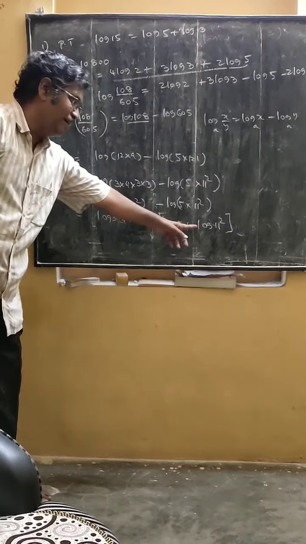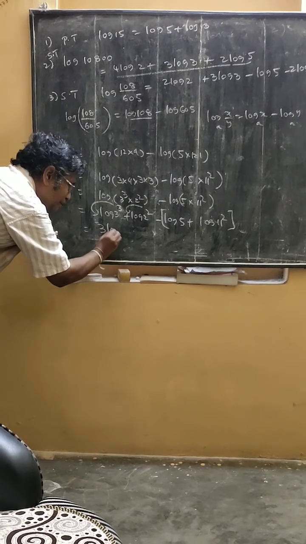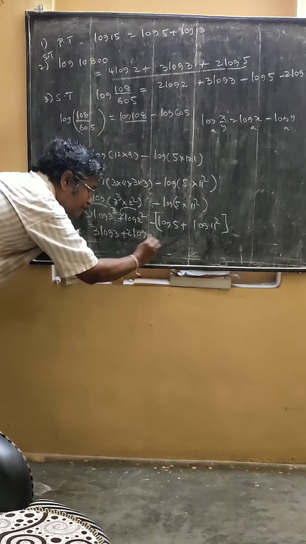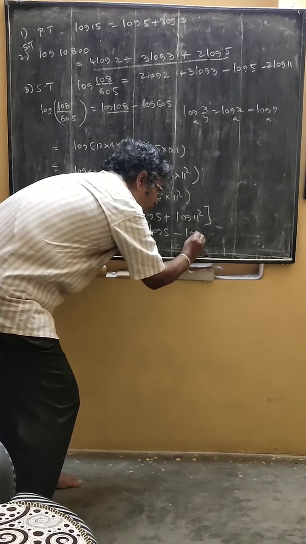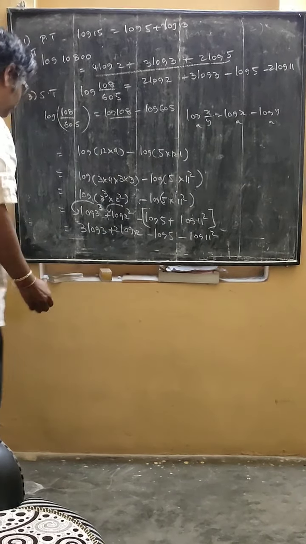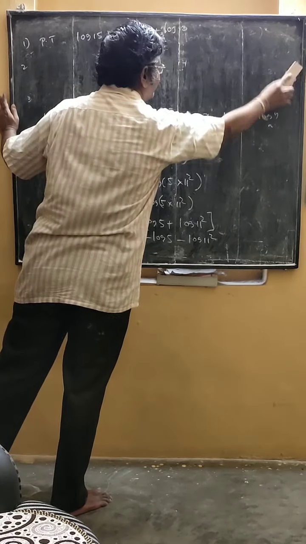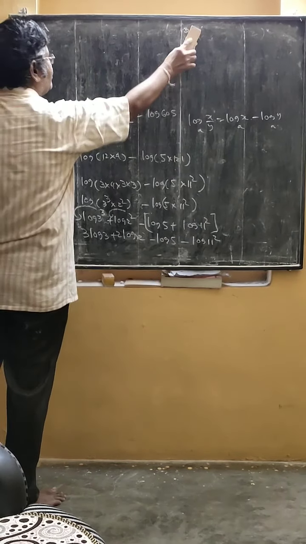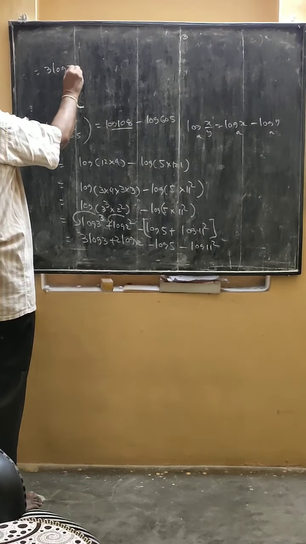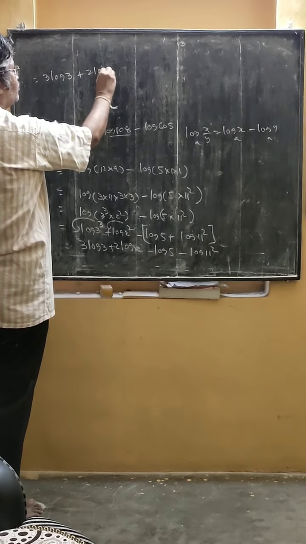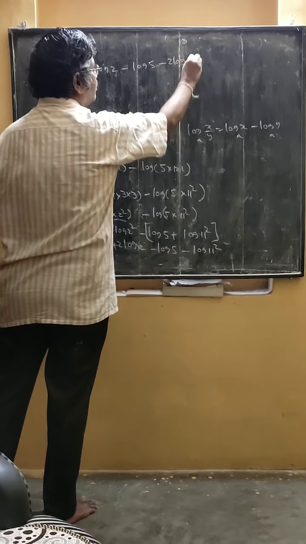Now again the logarithm of a power: 3 log 3 plus 2 log 2, minus log 5 minus 2 log 11. So it is 3 log 3 plus 2 log 2 minus log 5 minus 2 log 11.